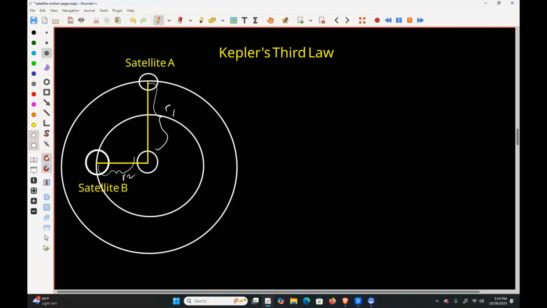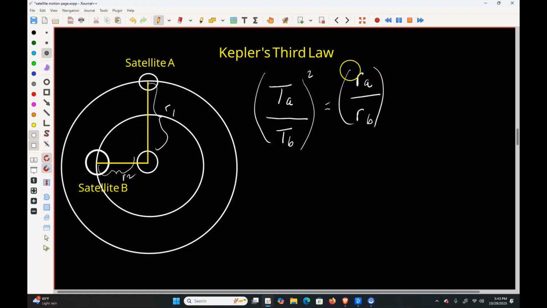Kepler found that the period was directly proportional to the radius of the orbits. So if this is satellite A, the period for satellite A over the period of satellite B, squared, is equal to the radius of satellite A over the radius of satellite B, both raised to the third power.